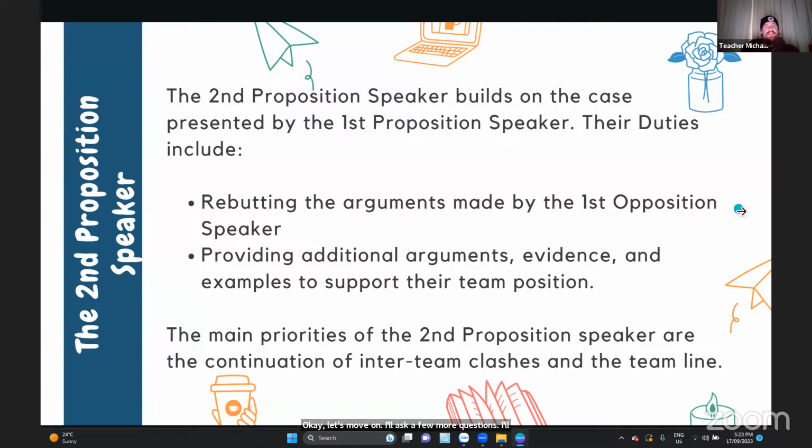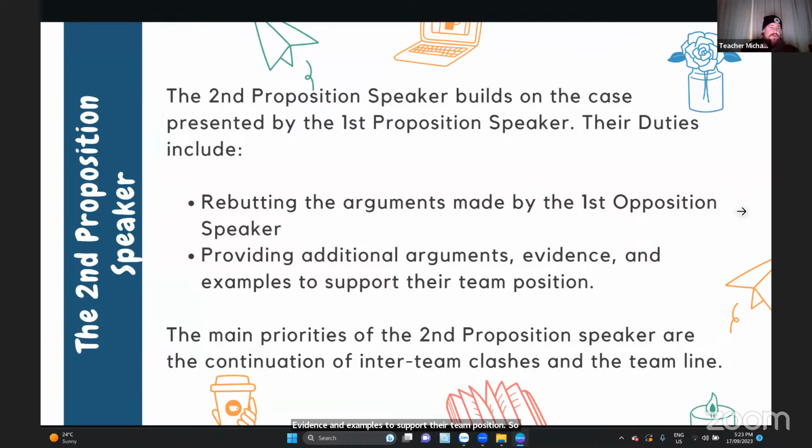So the second proposition speaker's job is to build on the case presented by the first proposition speaker. Their duties include, first of all, rebutting the arguments made by the first opposition speaker. Their second job is to provide additional arguments, evidence, and examples to support their team position.